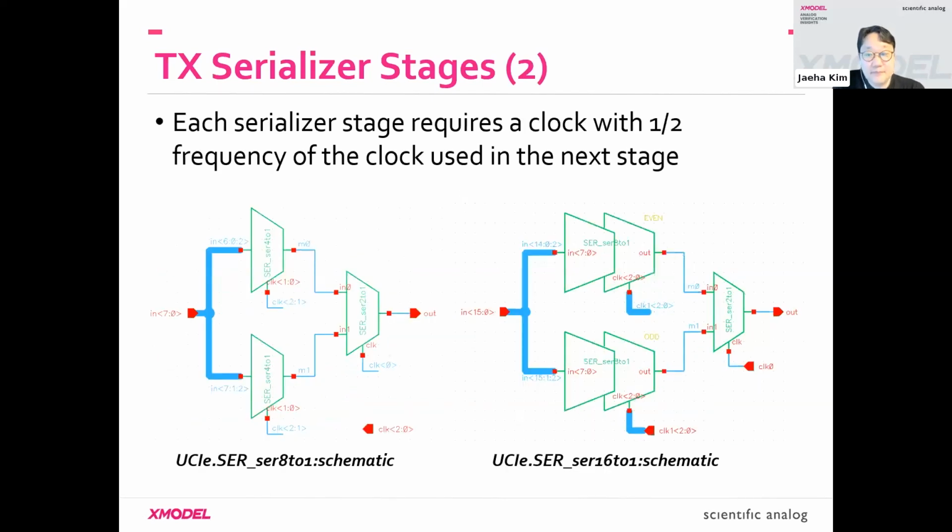You can continue this process to build the 8-to-1 serializer and a 16-to-1 serializer. And you should note that each stage, each level of the serializer, will require a different clock frequency. This is why this part cannot be synthesized, although it's almost fully digital.